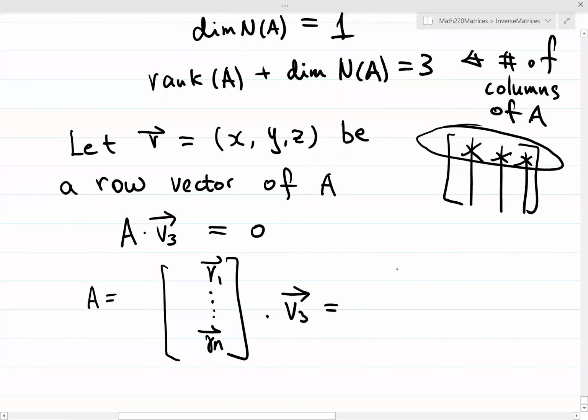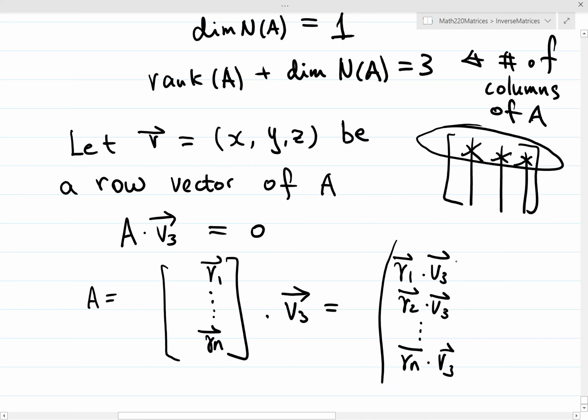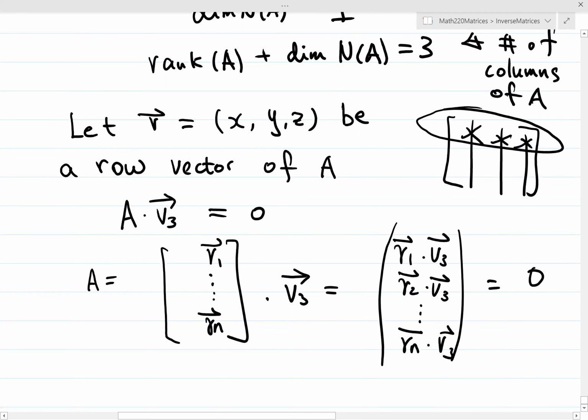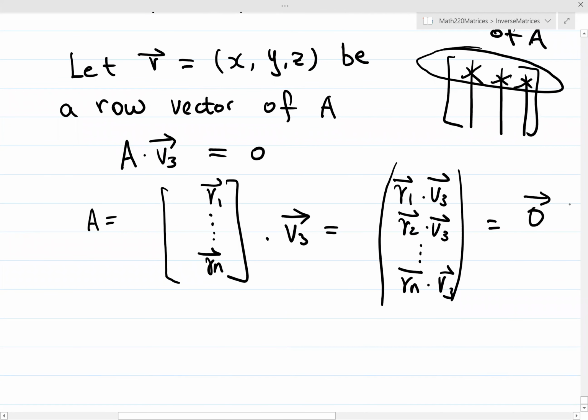Then what you get is R1 dot V3, R2 dot V3, Rn dot V3, and this is the zero vector. Every component should be 0. So this means any row of A should have dot product with V3 equal to 0.